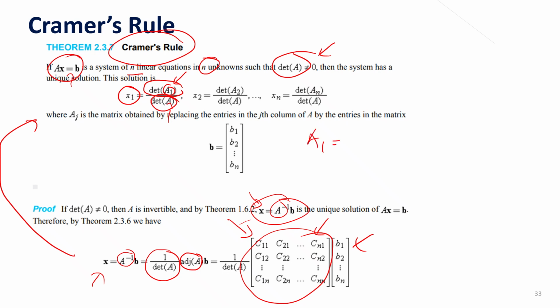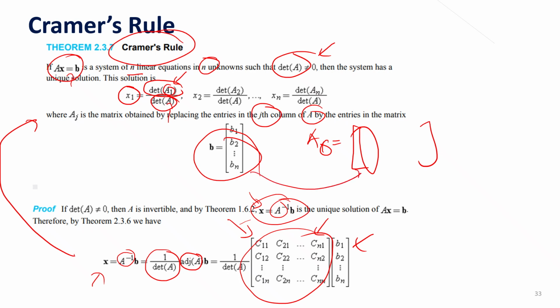A1 is basically the same matrix as A, but you replace the j-th column, let's say the first column, with the right hand side of the equation, B. So this one is B1, B2, B3. You calculate the determinants, and you will get the value of x.